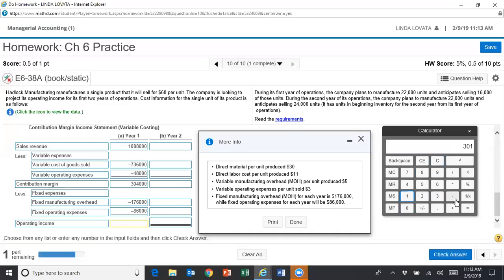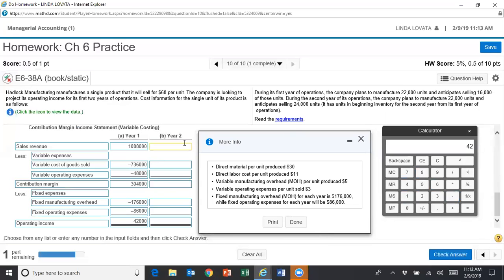So 304 minus 176 minus 86 equals, I think I screwed up on that last one. Let's try this one again. It just doesn't look nearly big enough, does it? 304 minus 176 minus 86 equals 42. That looks a lot better.